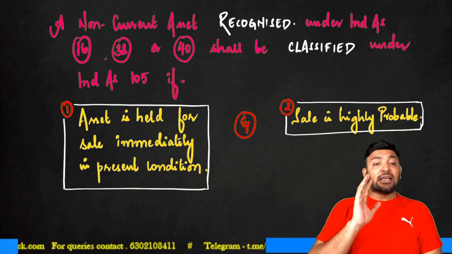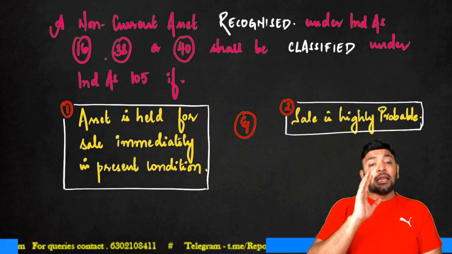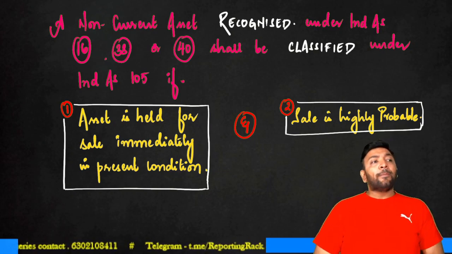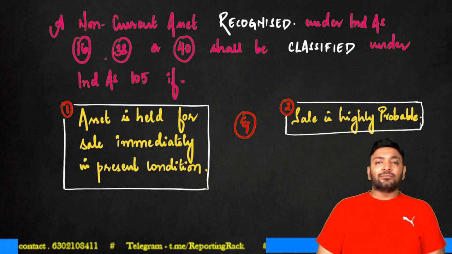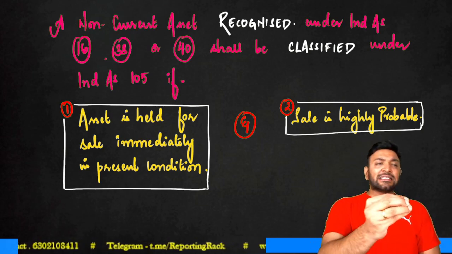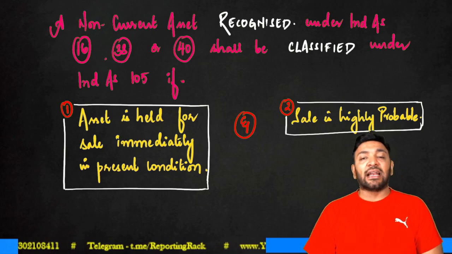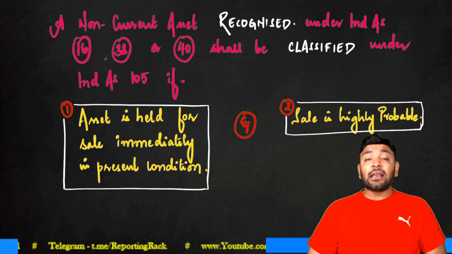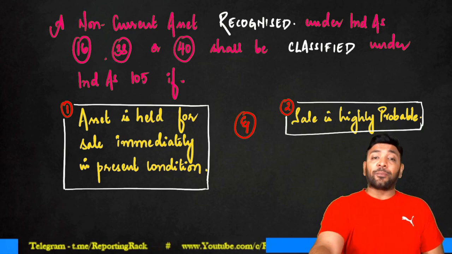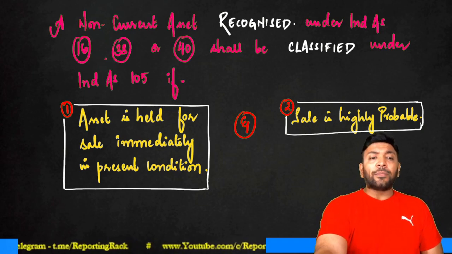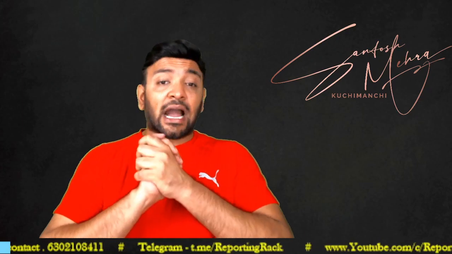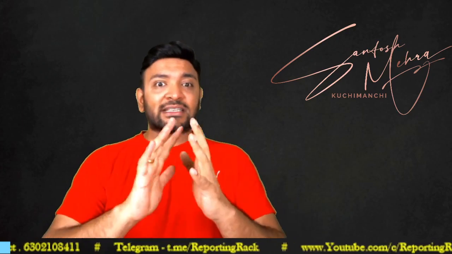When do you say that the asset is held for sale immediately in present condition? For example, let's say I have a car, and I have been using it for my own purposes. Over a period of time, I started believing that I want to sell the car and purchase a new one.